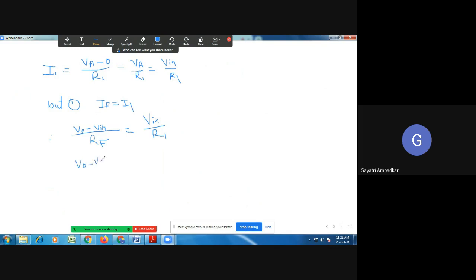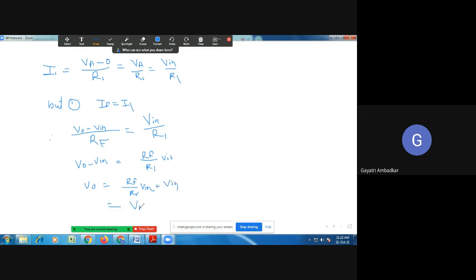VO minus Vin is equal to, let's cross multiply, RF upon R1 into Vin. So VO is equal to RF upon R1 into Vin plus Vin.